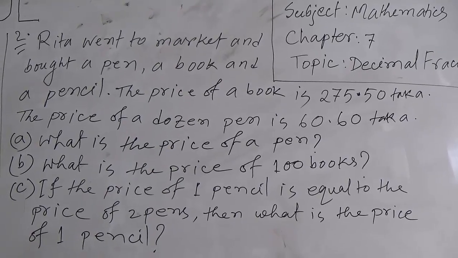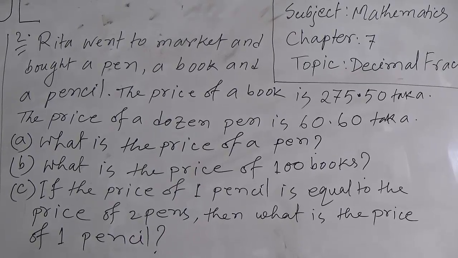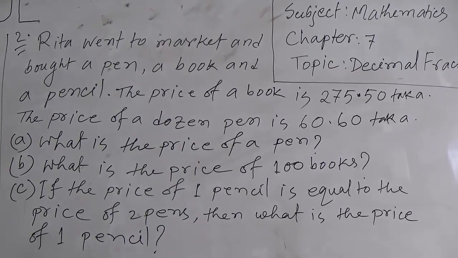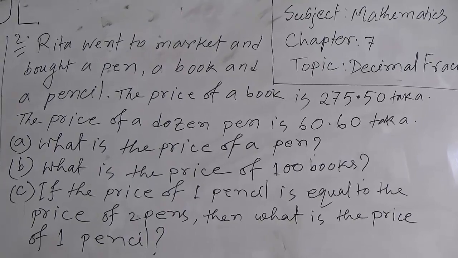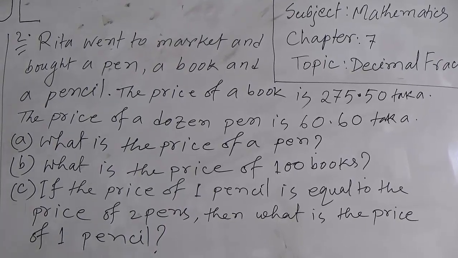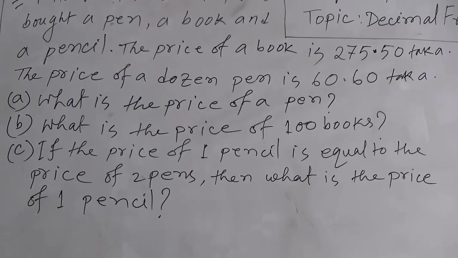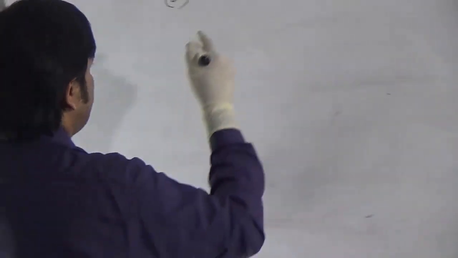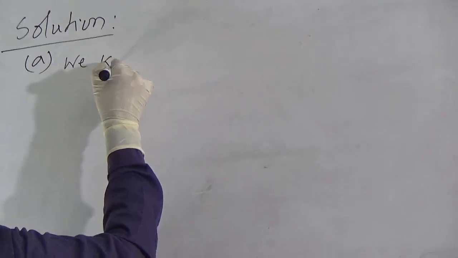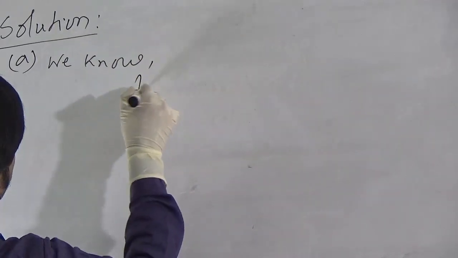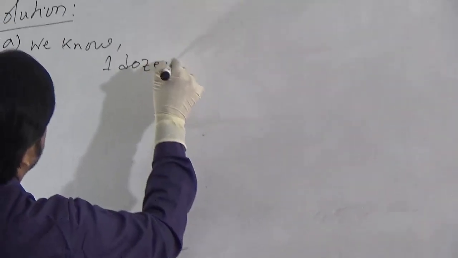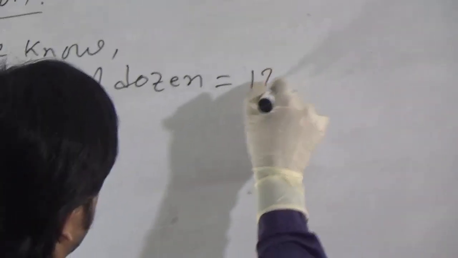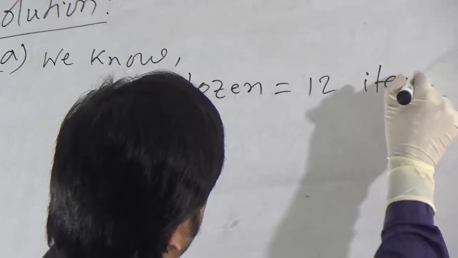Now I will solve this question. First question A. We have to find the price of a pen, but our given information is the price of a dozen pen. So at first we have to know 1 dozen means how many units. We know 1 dozen equal to 12 items.